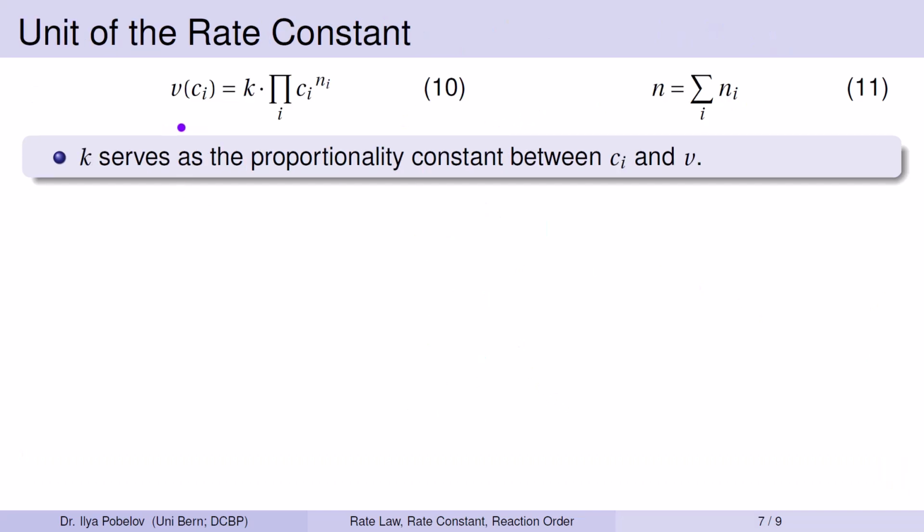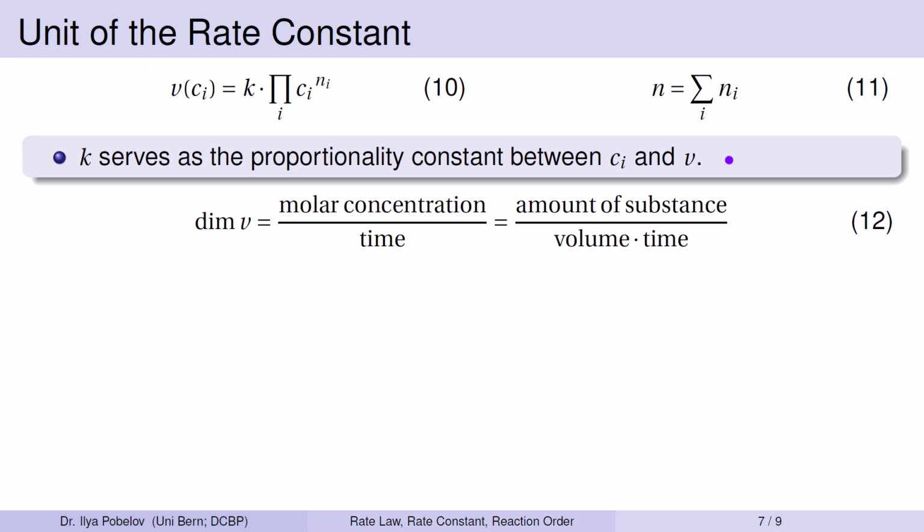In the expression for the rate law, the rate constant k serves as the proportionality constant between the concentrations of the various species and the reaction rate. We have already shown that the reaction rate will always have the dimension of molar concentration over time.